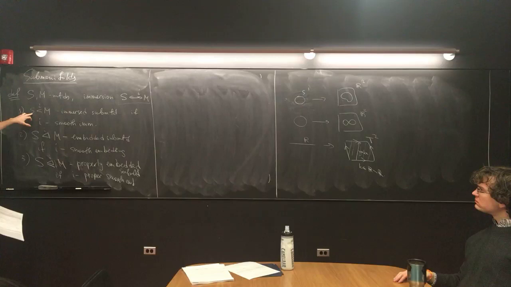Even if I is the inclusion map, it is not necessary that I is also smooth. No, because we don't know what S is, right? It could be some bad subset.